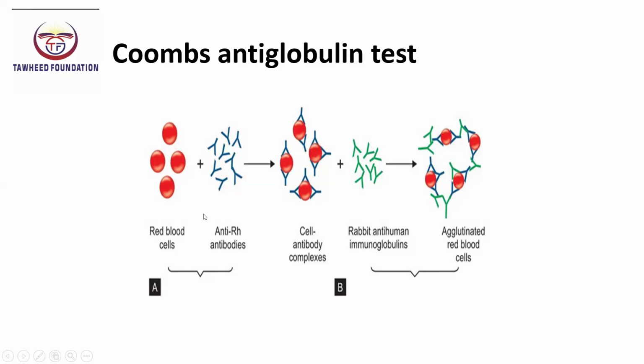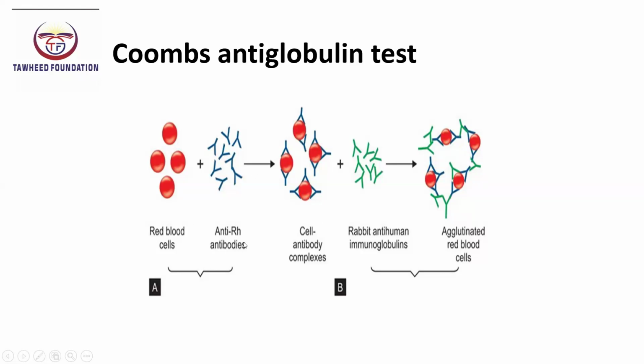Here in part A, red blood cells are mixed with anti-RH antibodies. If the RBCs carry RH antigens, these antibodies will bind to the antigens on the RBC surface.